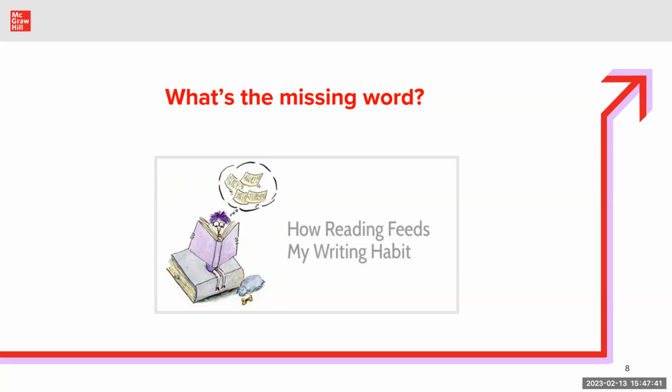But the more that students read around the topic, and the more that they read academic texts with academic language and structured in a way that's relevant to academic text, the better they're going to be at writing, which is obviously why we put those two skills together.